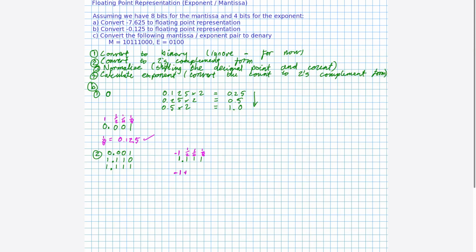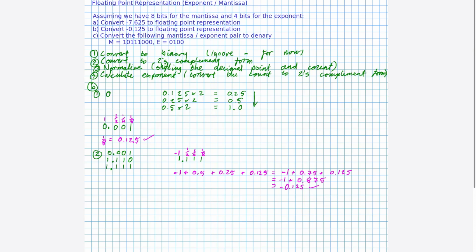Negative 1 plus 0.5 plus 0.25 plus 0.125 equals negative 1 plus 0.75 plus 0.125 equals negative 1 plus 0.875 equals negative 0.125. Is correct so far.